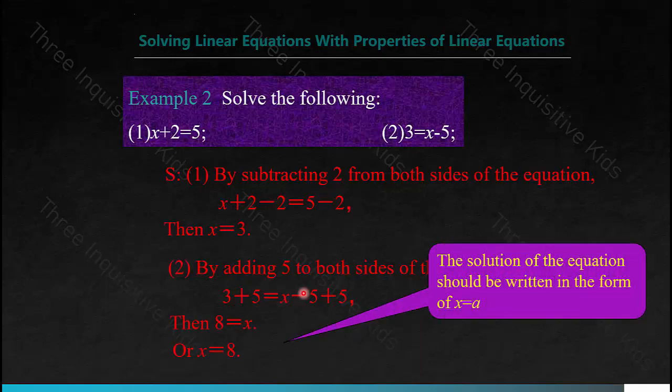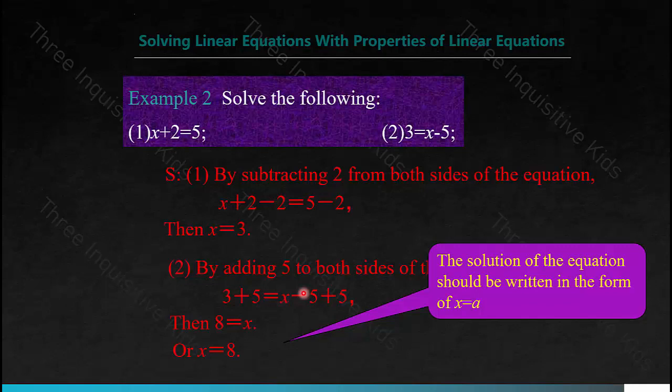The solution of the equation should be written in the form of x is equal to a, x being the variable and a being the solution to that equation. And this is just something we all universally agree on, this standard form for the solutions of an equation.